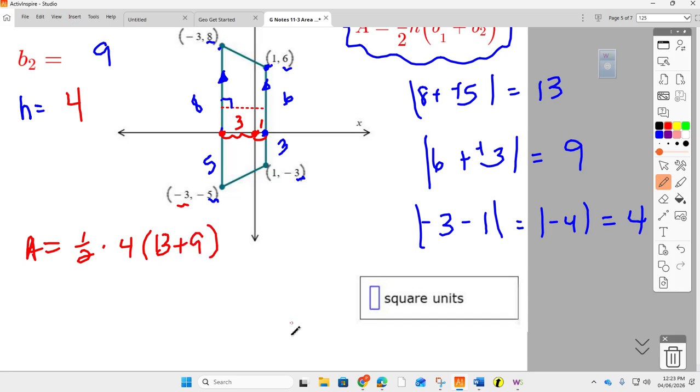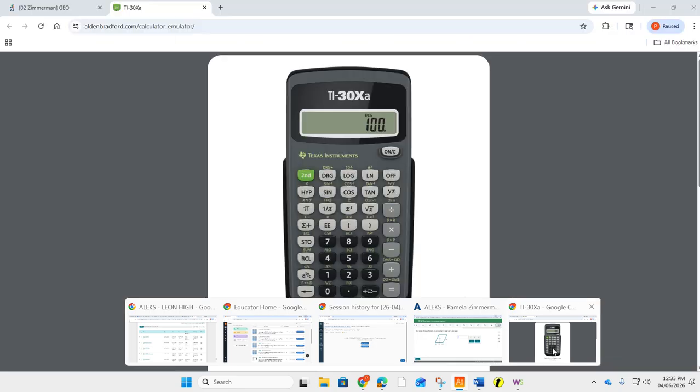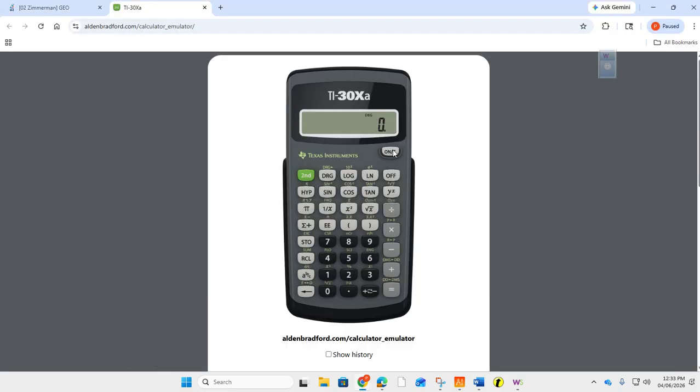We can do that on our calculator: 1/2 times 4 times left parenthesis 13 plus 9 right parenthesis and equals. You guys put 44? Alright, great.